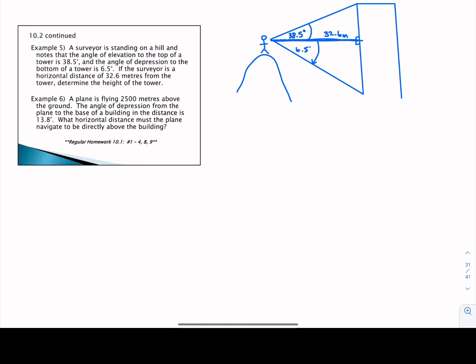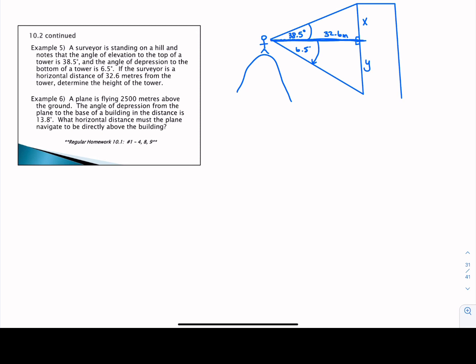If we can find out the top segment of this building, we can call that X, and if we can figure out how long the lower segment is, we can call that Y, then we can combine X and Y to get the total height of that tower.